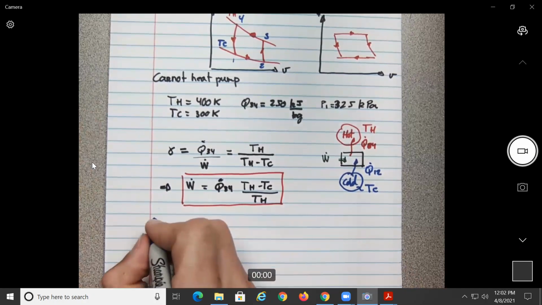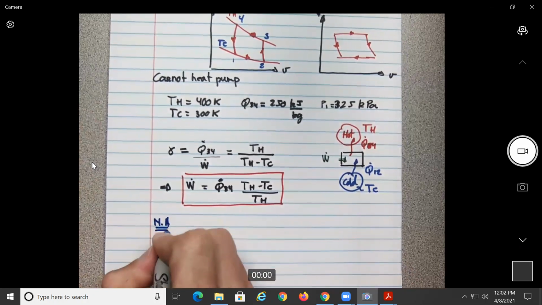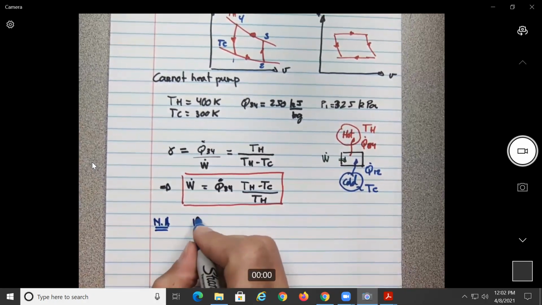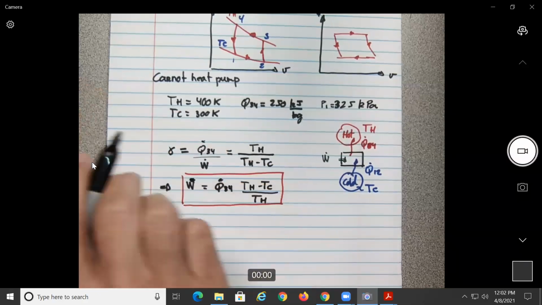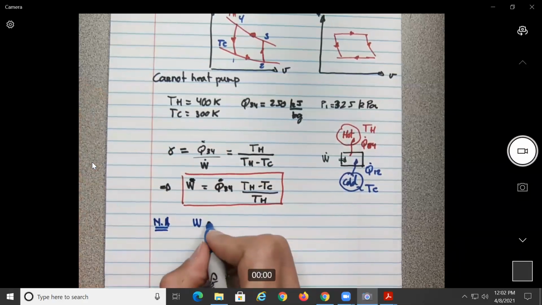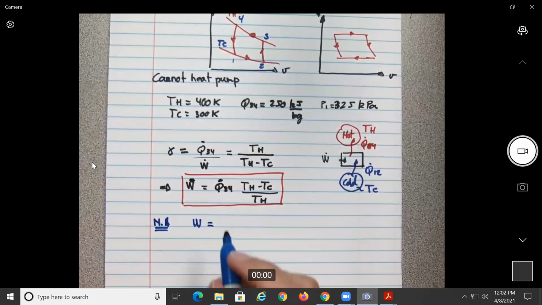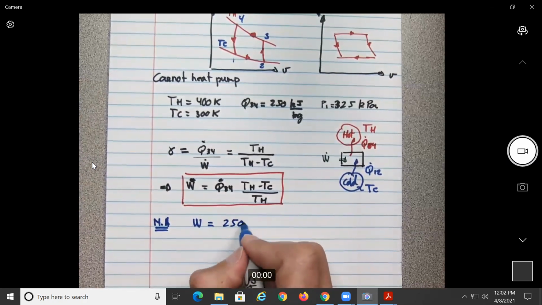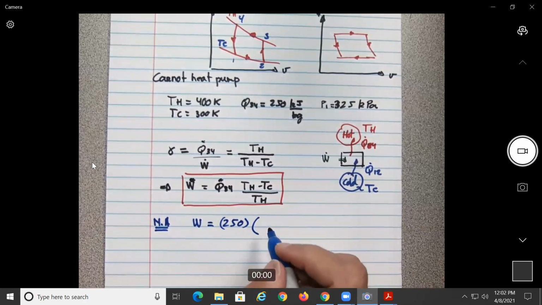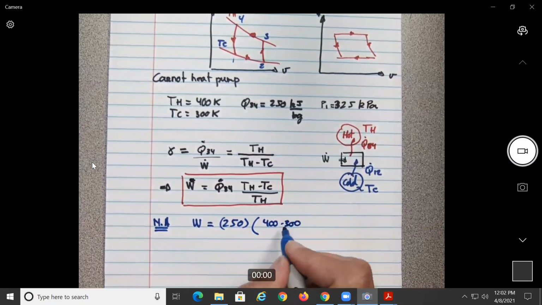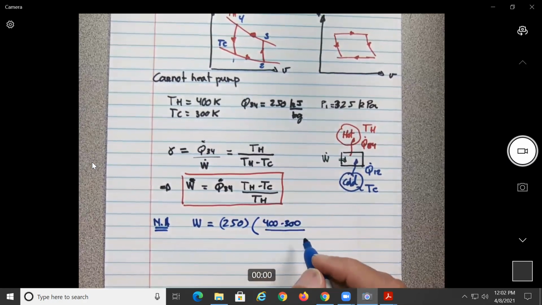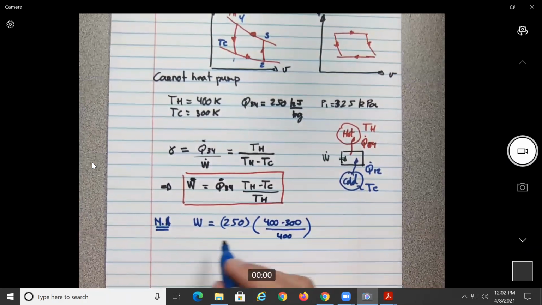So if we do the numerical application, what do we get? This again, remove the dot. There is no dot. So it should be equal to Q34 is given to be 250 times 400 minus 300 divided by 400.